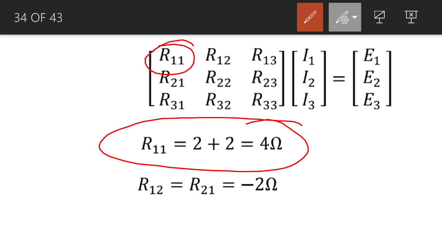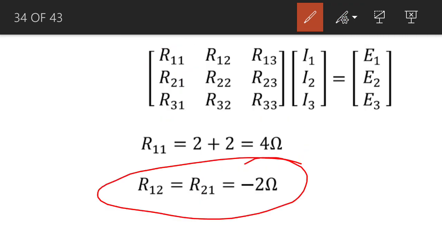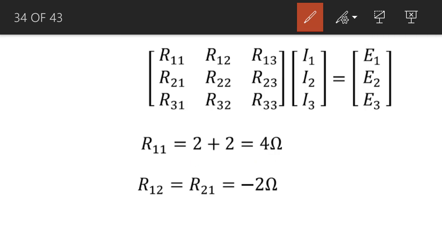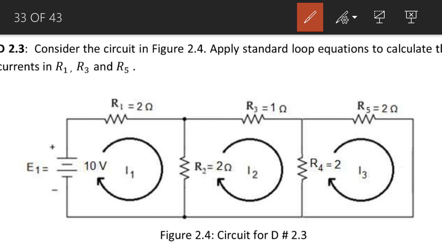We know that R12 is equal to R21, and this is the resistance of the resistor that belongs to loop number 1 as well as loop number 2.